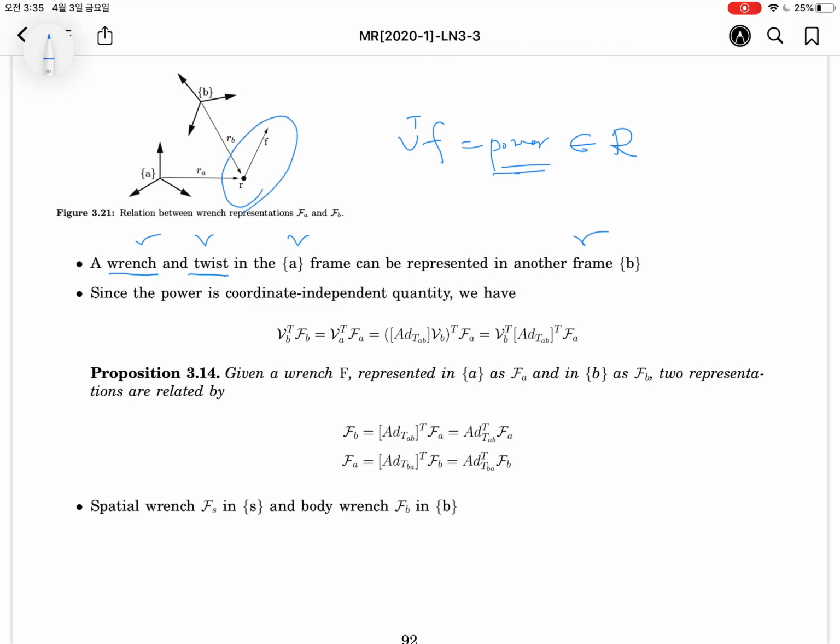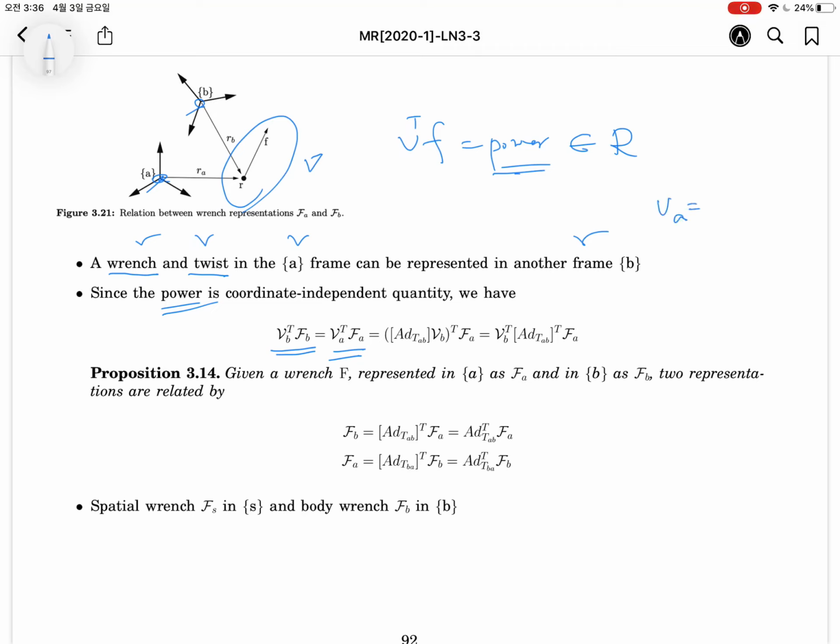It means the same force and same moment appear if you take a different coordinate, but the power will be the same. So V_B transpose F_B and V_A transpose F_A should be equal to each other. The power is independent of the coordinate.